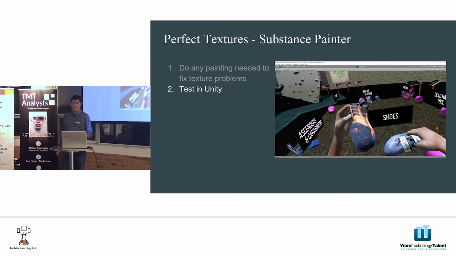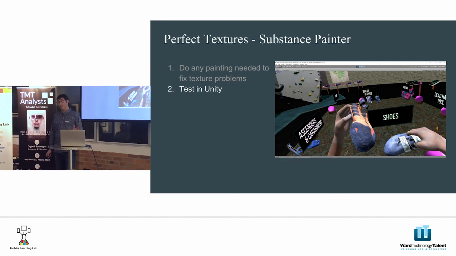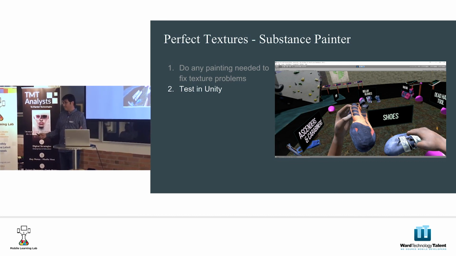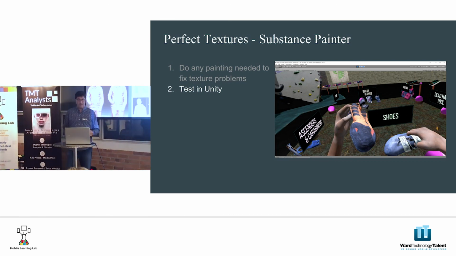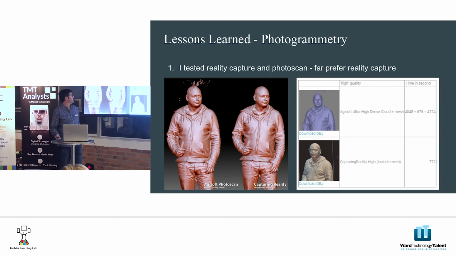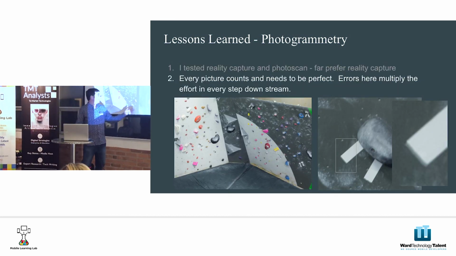And I've got some technical stuff about the lessons I learned and what photogrammetry software I like better and so on. But I'm thinking maybe I'll skip that. It's fine. You can just look at these pictures. Look, one is worse than the other. That's what I discovered. And your pictures have to be amazing.